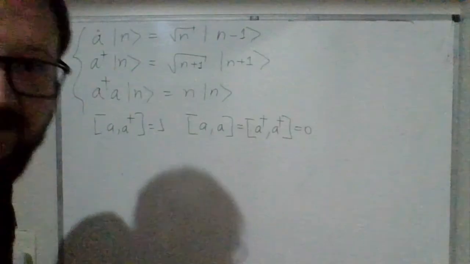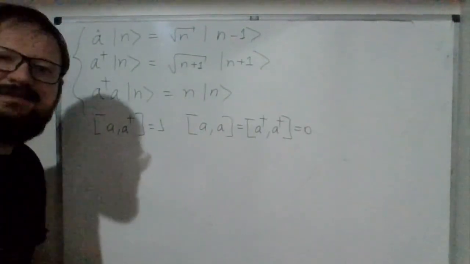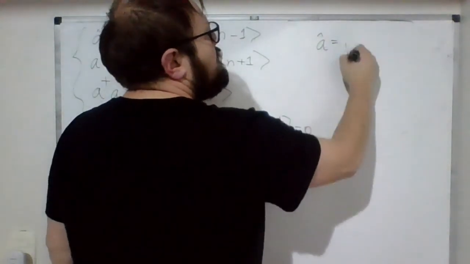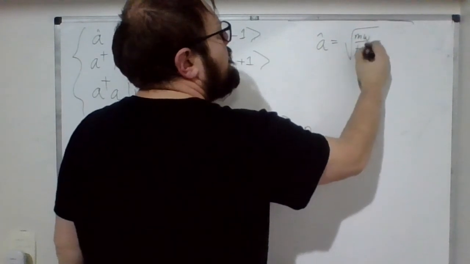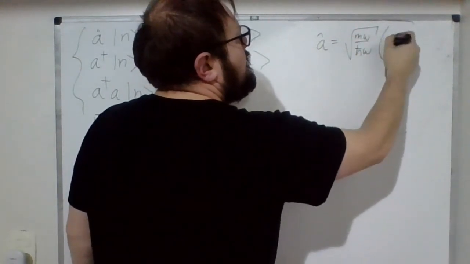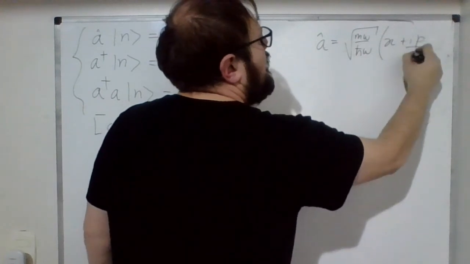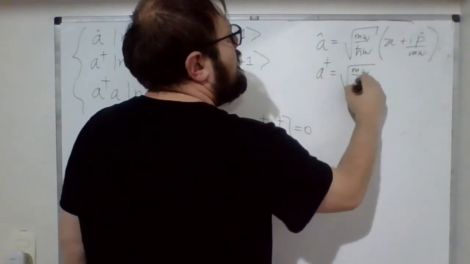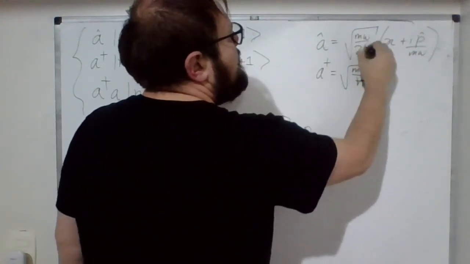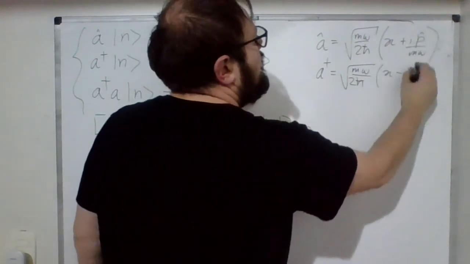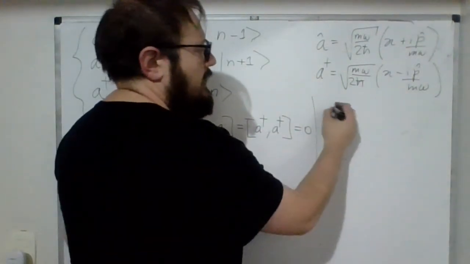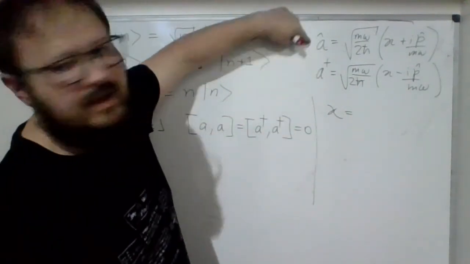And as a final comment, since we were dealing with the harmonic oscillator, just remember that A is equal to this object here. These are operators. Sorry, twice H bar. And now you can calculate X from these operators here.